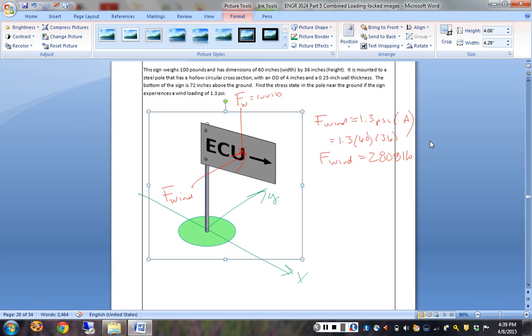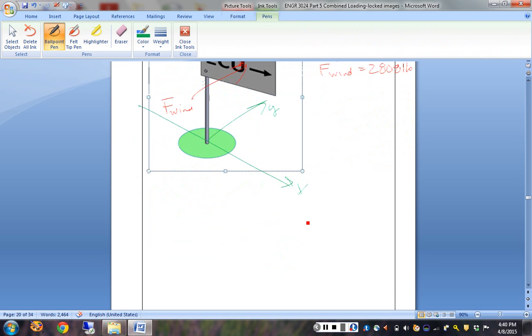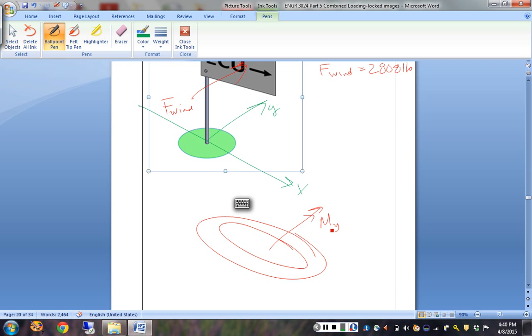So I'm going to draw my little picture of the hacked off connection point. And I know I'm going to have a moment about Y from the sign leaning over under its own weight.